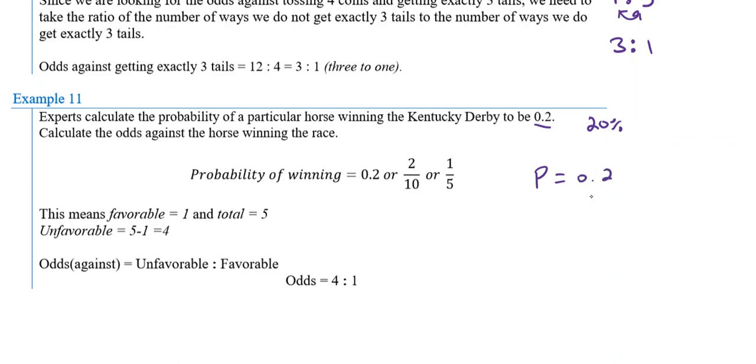That's the same thing as 20 over 100, or a little simpler, 2 over 10. And let's simplify that even more, 0.2 as 1 over 5. So you could say we have a probability of 1 over 5. Now remember, the top is our favorable and the bottom is our total.